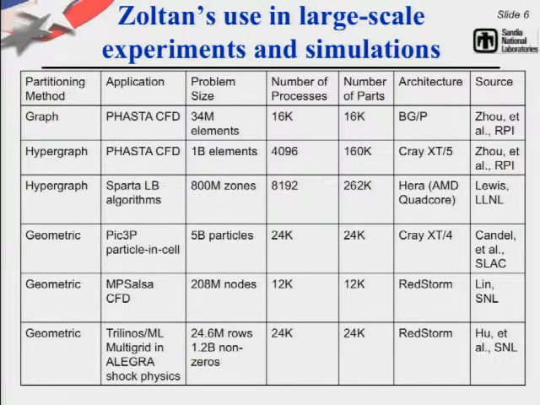Sometimes you can solve the partitioning problem on a smaller set of processors, save it to a file, and then do your big run on a larger number of processors later. So it depends how you do things. Some people do it that way, and that's why you can see that sometimes, here at 4,000, you actually solve a partitioning problem on 4,000 processors, but you run it on 160,000 processors later. So you can actually do that.